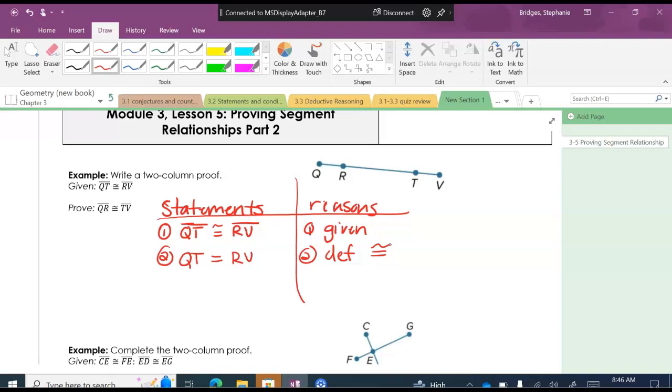If I don't have any other given information, this is how it works with proofs. If you've exhausted all of your given information, what you have to do next is go to your picture. I know that segment QT, the length of it, is equal to segment RV, but let me ask you this. What else do we know about segment QT, looking at your picture?